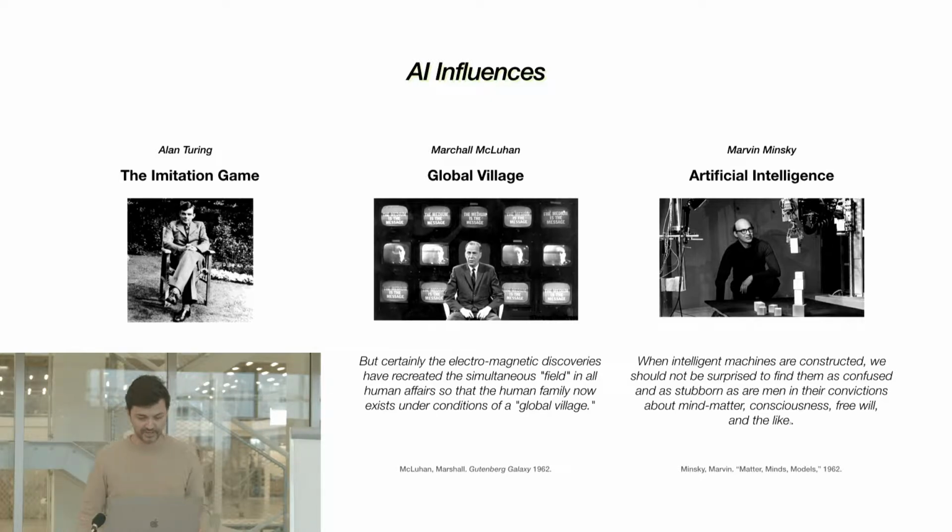I quote him: "When intelligent machines are constructed, we should not be surprised to find them as confused and as stubborn as are men in their convictions about mind matter, consciousness, free will, and the like." So very high hopes that this would be achieved quickly, and a very naturalized idea of what machine intelligence is. So this is the 60s.